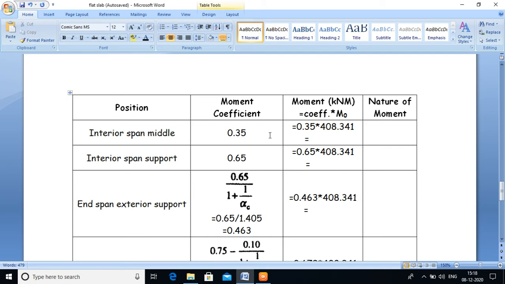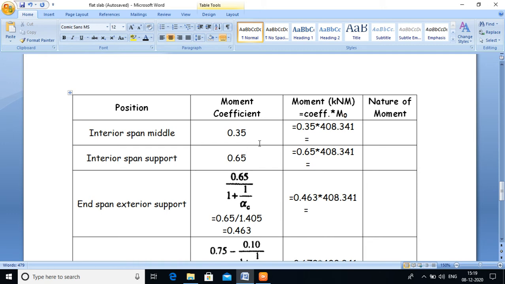And how are we going to distribute? With the help of the moment coefficient. For the interior span middle, the moment coefficient value is 0.35. For the interior span support, the moment coefficient value is 0.65. These moment coefficient values are given in the IS code.